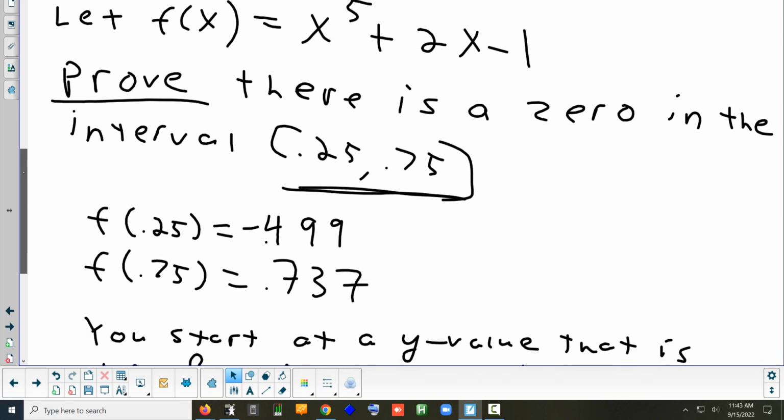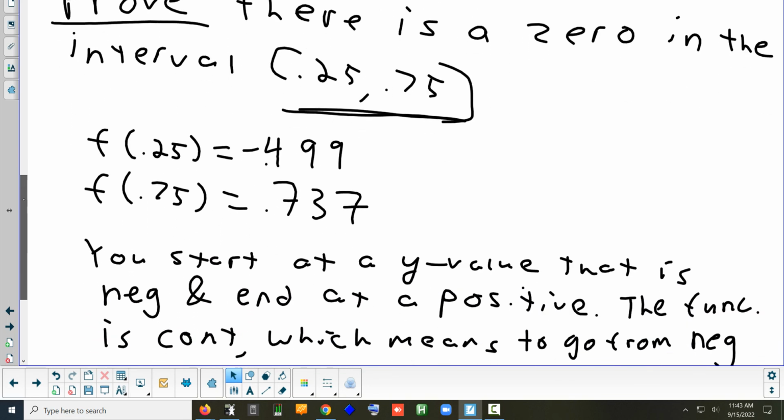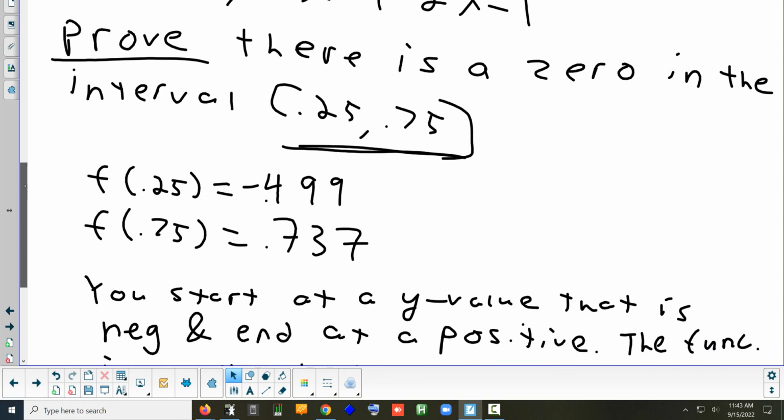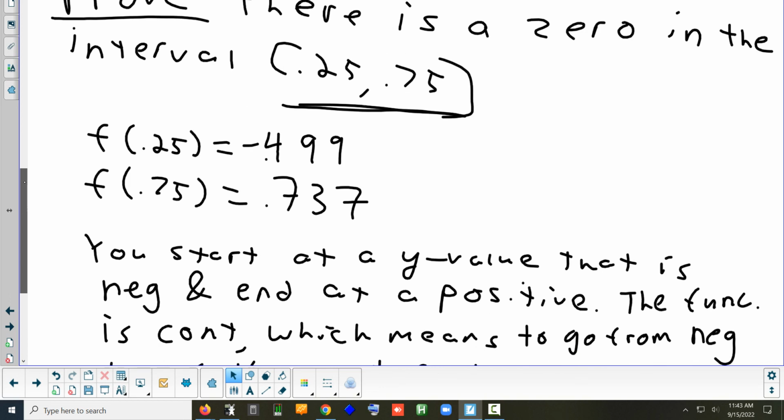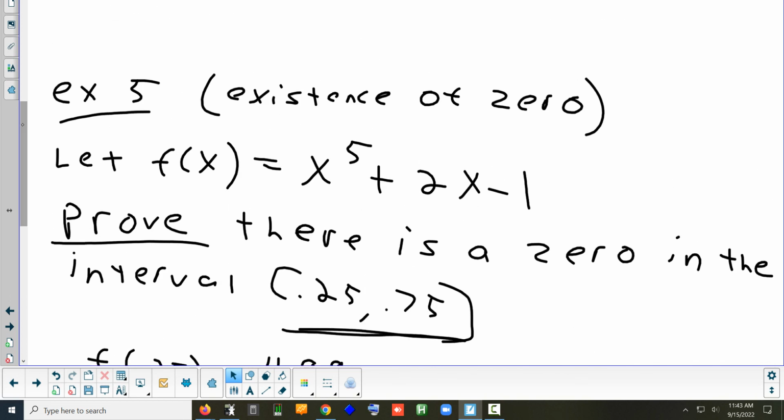Okay. This is 0 in the interval, so if you put y as 0 and you get an x value in between those, is that not also a proof? So that would be a way you could prove it algebraically if you know how to solve a fifth degree polynomial. Okay. Using a graphing calculator as a proof, you can't really do that.